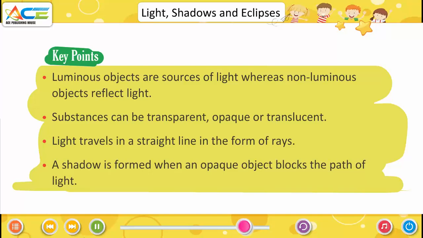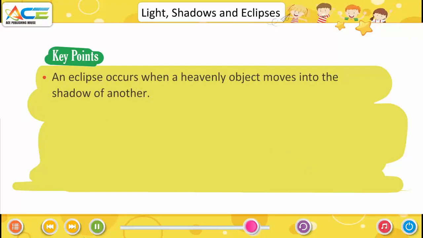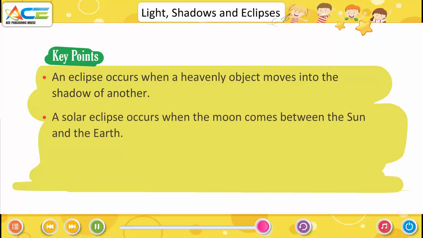A shadow is formed when an opaque object blocks the path of light. An eclipse occurs when a heavenly object moves into the shadow of another. A solar eclipse occurs when the moon comes between the sun and the earth.